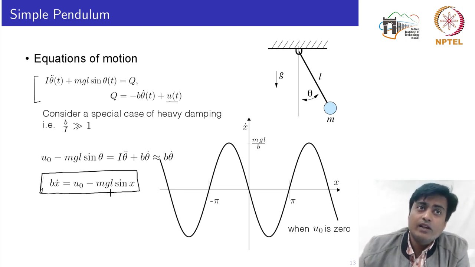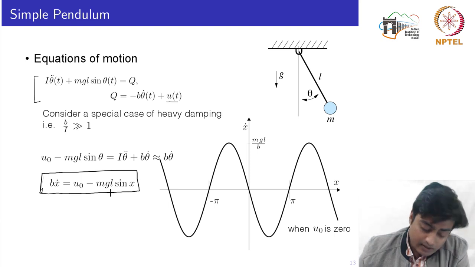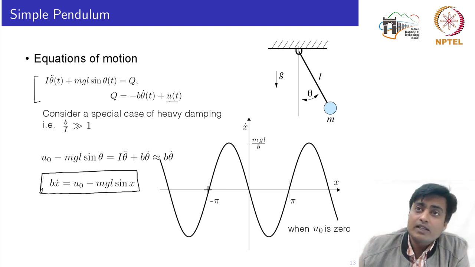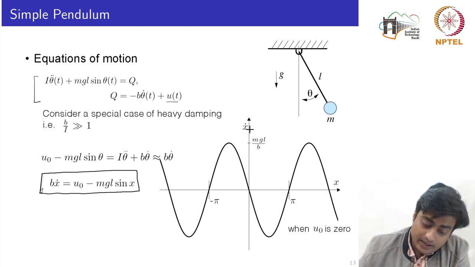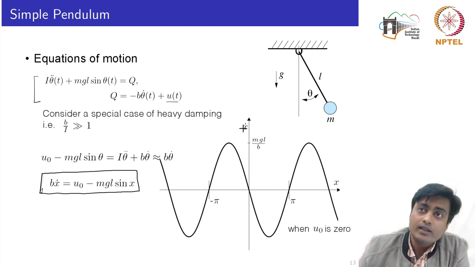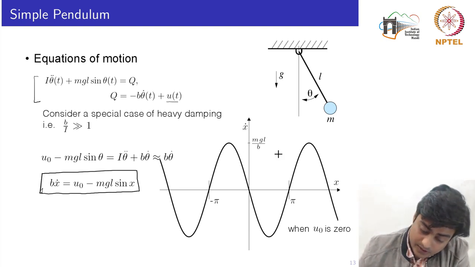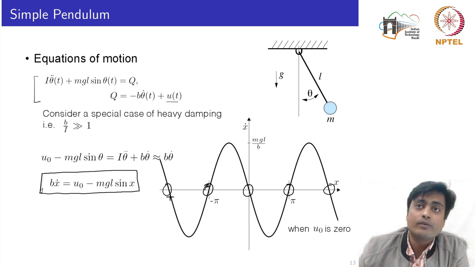So here we determine the stability around the steady state values. By the steady state values, we mean those points where x dot becomes 0 in these equations of motion. If you take a close look at this picture, all these points are the points where x dot is equal to 0.